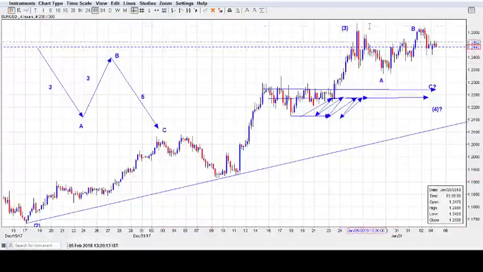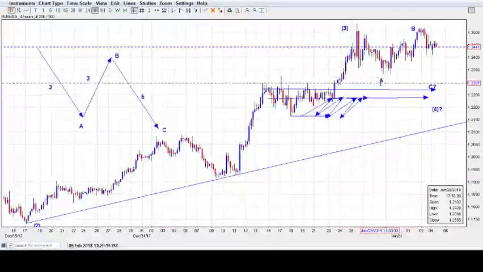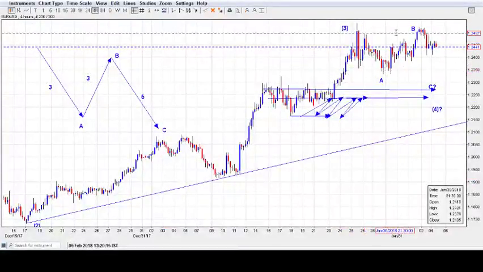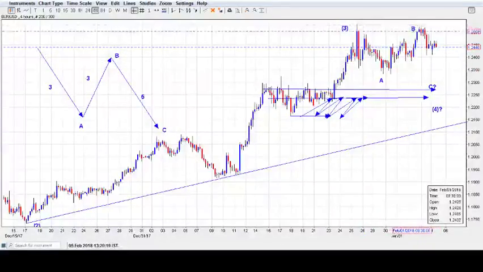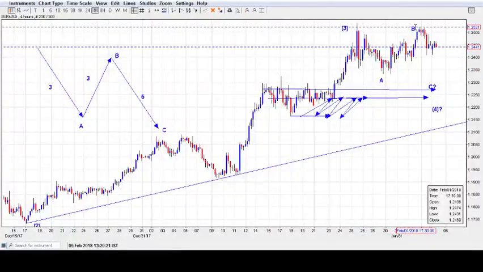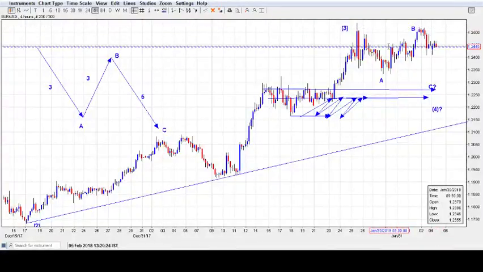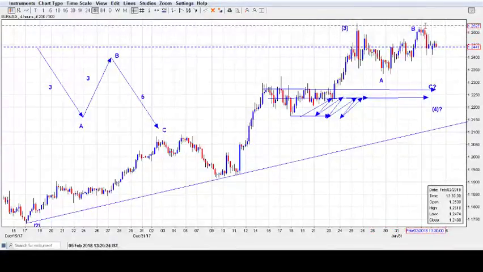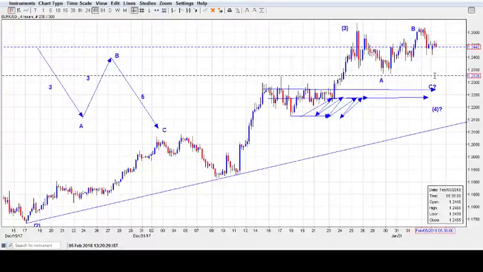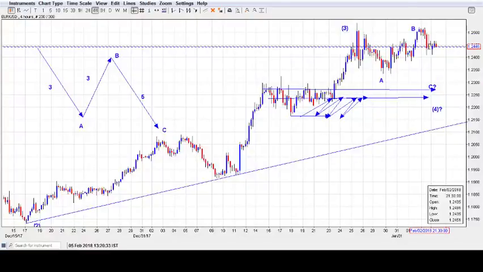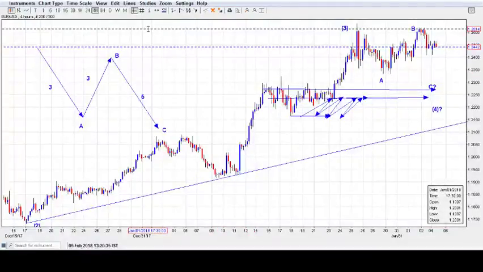So we've got ABC 3-3-5, that is capital A, and then ABC 3, that is capital B, which got terminated on Friday, 2nd of February, I suppose, around the 2520 mark, and now it could be unfolding into 5 waves, and a drop below 2400 would certainly accelerate matters for bears.